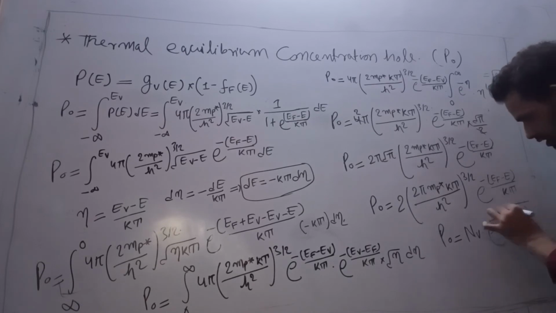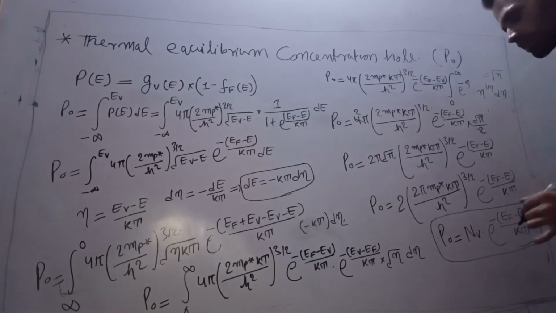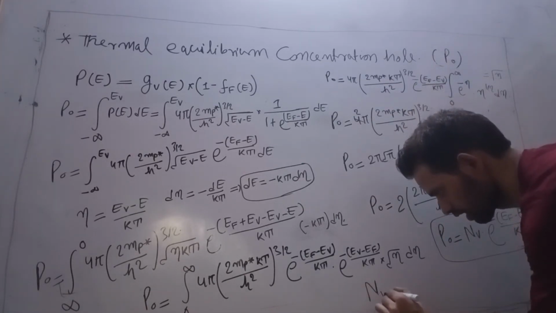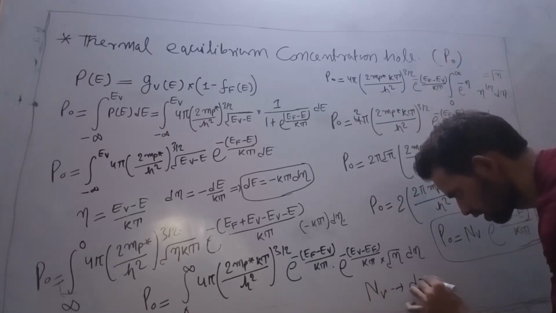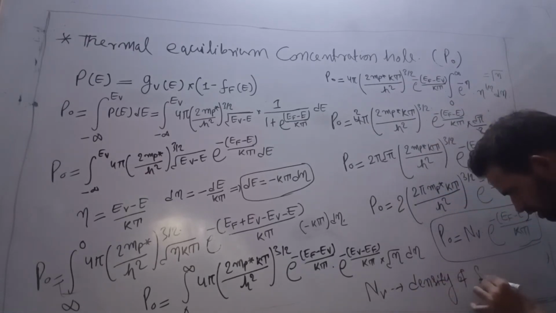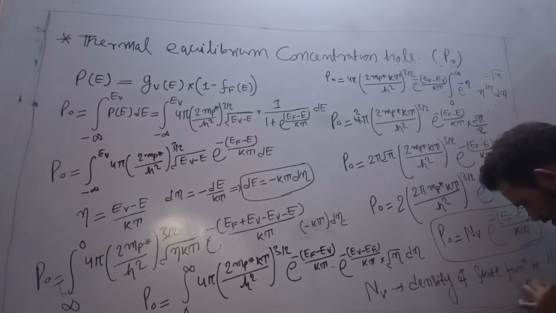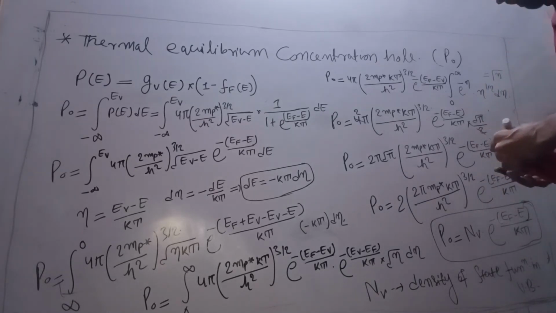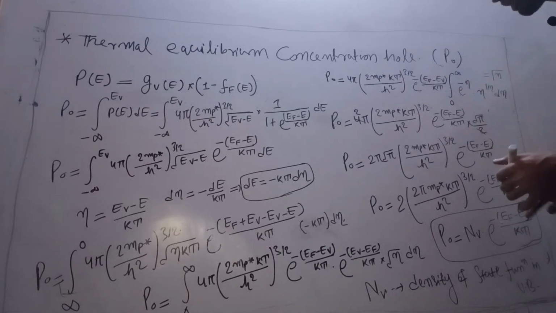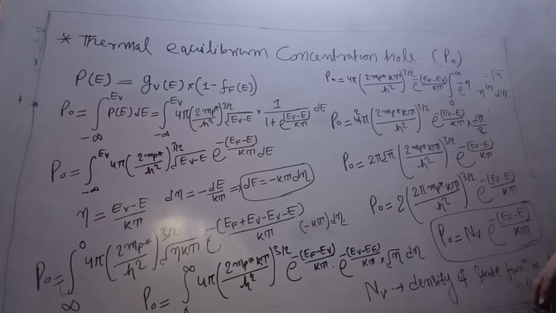This is my thermal equilibrium concentration of holes, and here Nv is the density of state function in the valence band, or you can say the density of quantum states in the valence band.